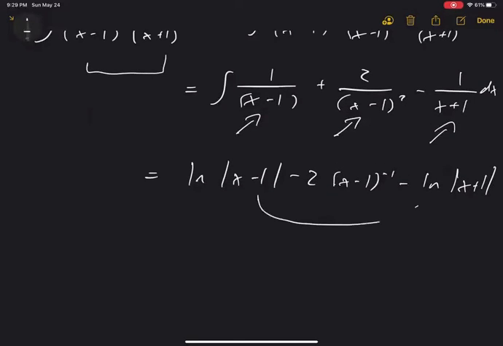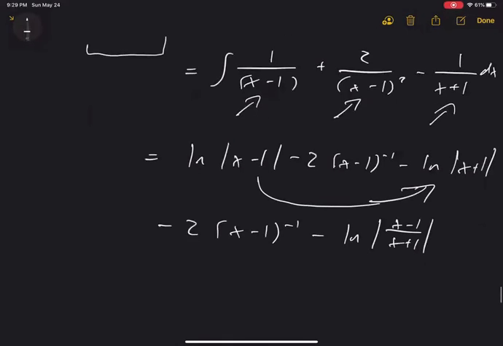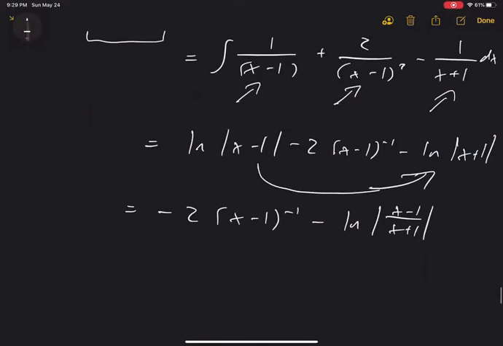These two ln's we could combine, ln of x minus 1 minus ln of x plus 1, we could rewrite using log rules as this if we wanted. This problem is coming from the book. This is part of example 4. So if you've noticed that and you thought I was getting something wrong, it's because of this. Okay.